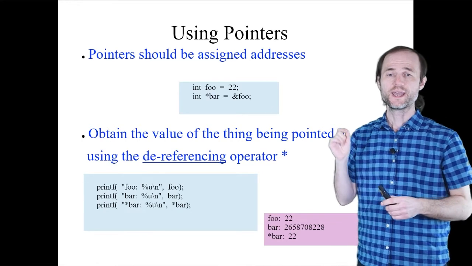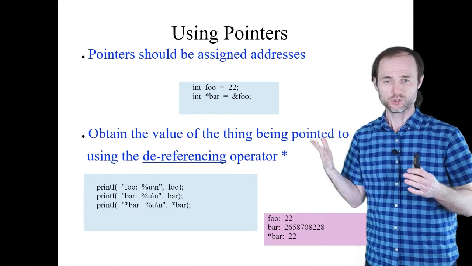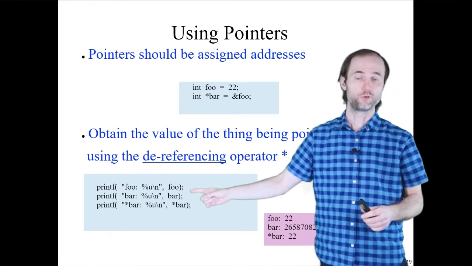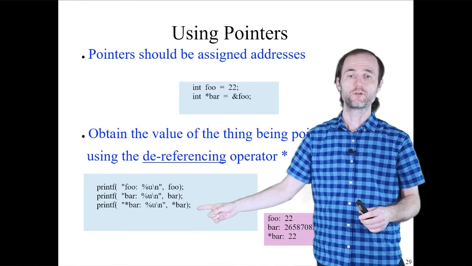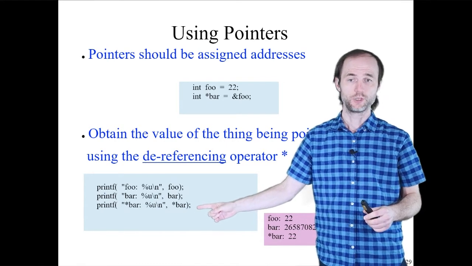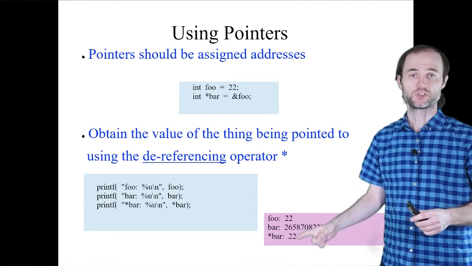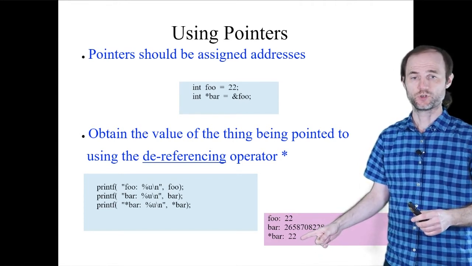Now we can access the variable foo in several different ways. We can directly access the variable foo by referring to it by its name, or we can also access it by referring to it by the pointer to that variable. So star bar and foo will be the same exact variable foo, just accessed in different ways.